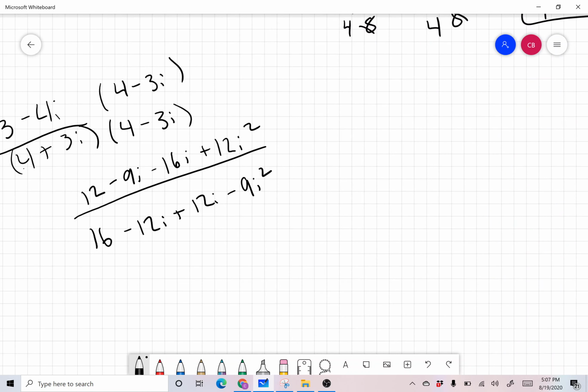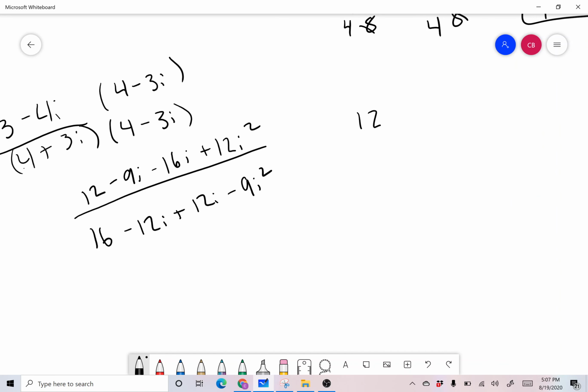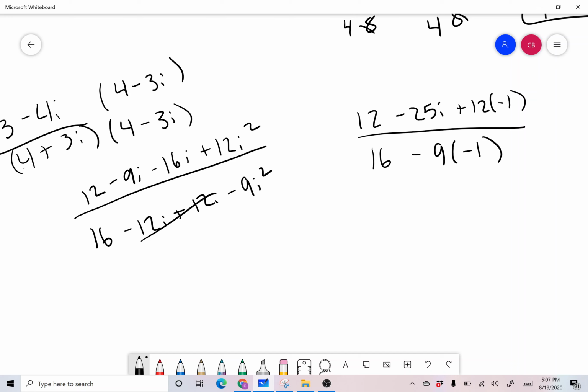All right, now we have simplifying to do, so let's do it. We have 12 minus 25i plus 12 times negative 1. We have 16. These canceled, so we have the right conjugate, minus 9 times negative 1. I think.